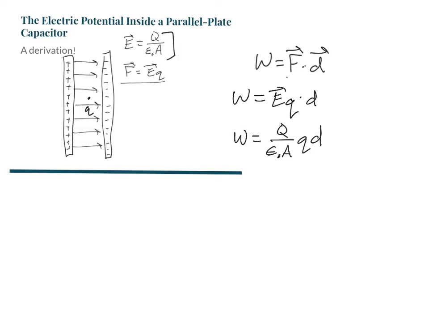So before we go any further, we need to better define this D for distance or displacement, and look at what we're doing with the particle inside the capacitor. So we're going to assume a positive test particle, because that's usually what convention states. So we're going to make this a positive particle. Now, if we want the particle to have the most potential energy, we're going to have to push it towards the positive plate, because that's where it would have the most potential.